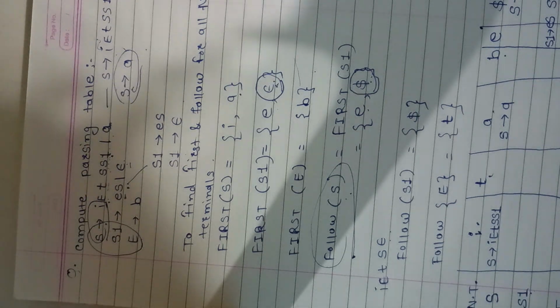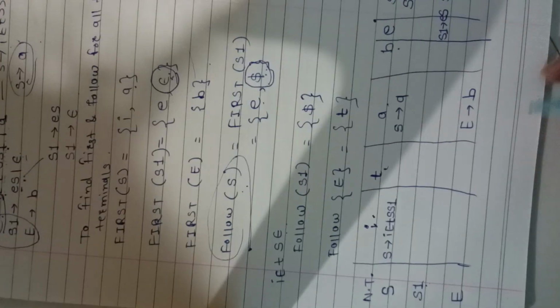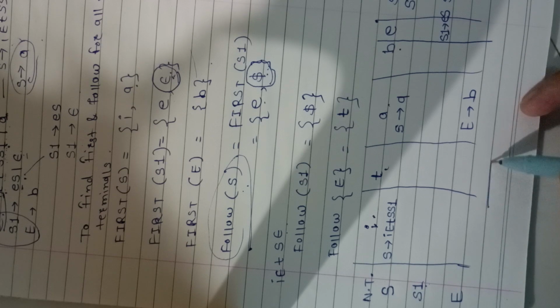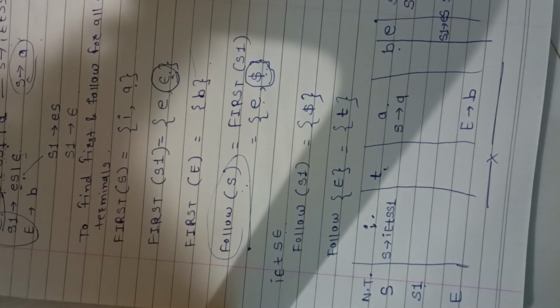Then the last non-terminal is E tends to b, so we write E tends to b. Okay, this is how to compute the parsing table.